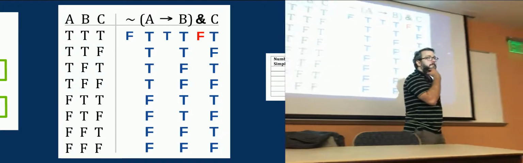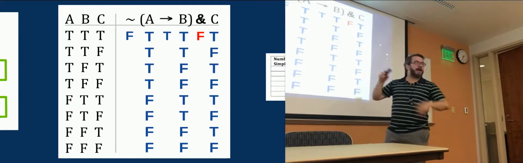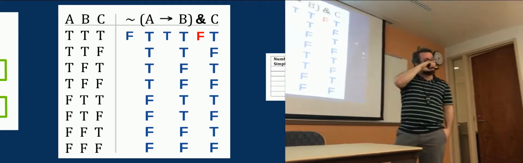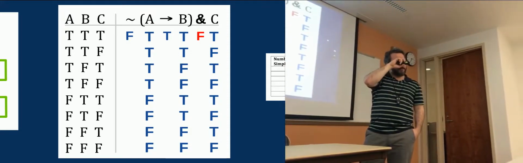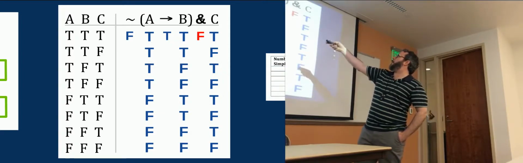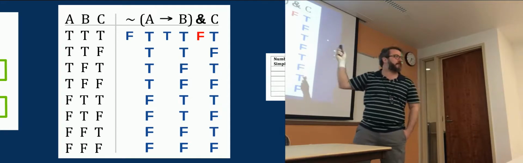Yes? So what I'm hearing so far is we start with what's in the parentheses and then work your way out. Yeah, because the tilde is operating on whatever is immediately to its right, and what's immediately to its right is this parenthetical phrase.